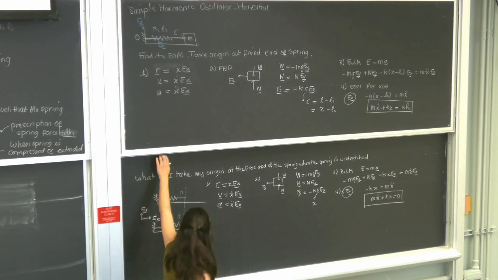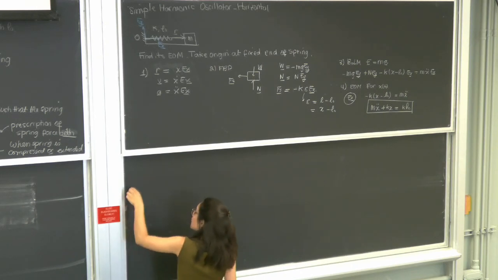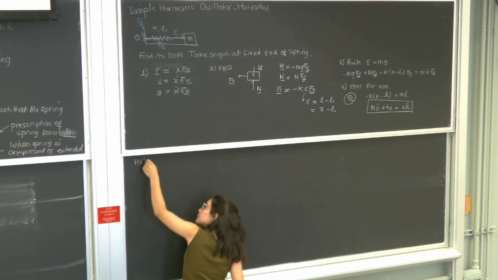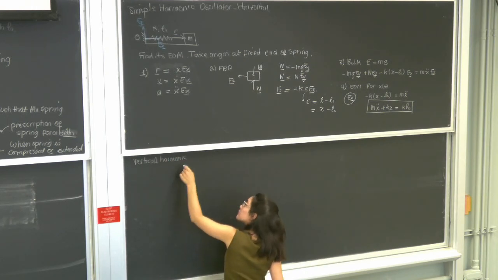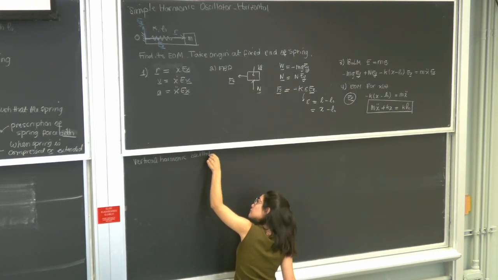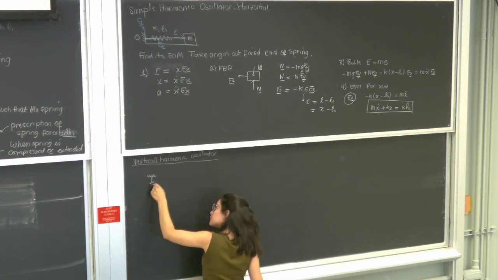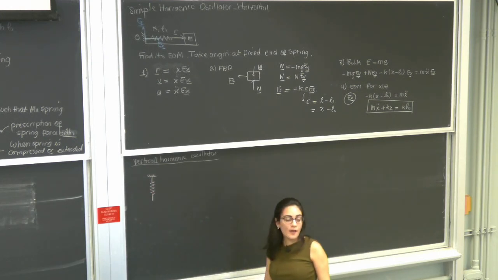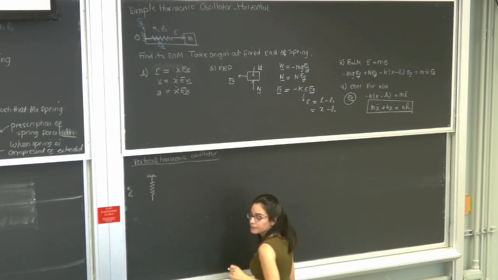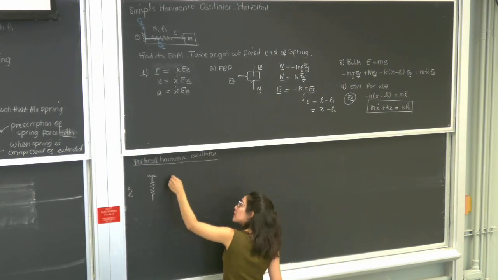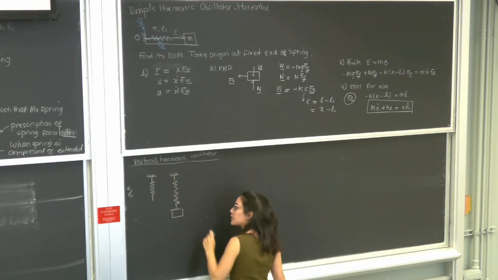Questions? So let's look at the spring or the harmonic oscillator suspended vertically, or vertical harmonic oscillator. Okay, so we have a spring, stiffness k, and natural length L0. What I'm going to do is suspend a block of mass m from the spring.